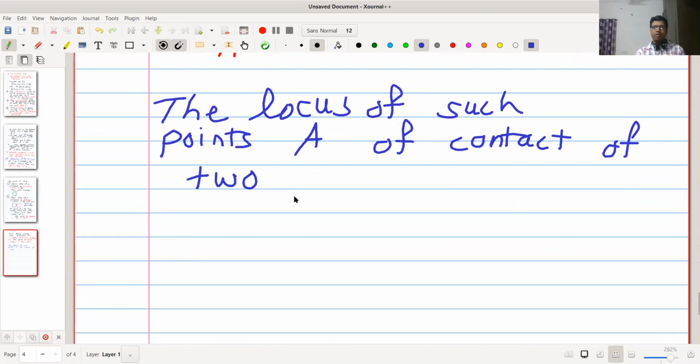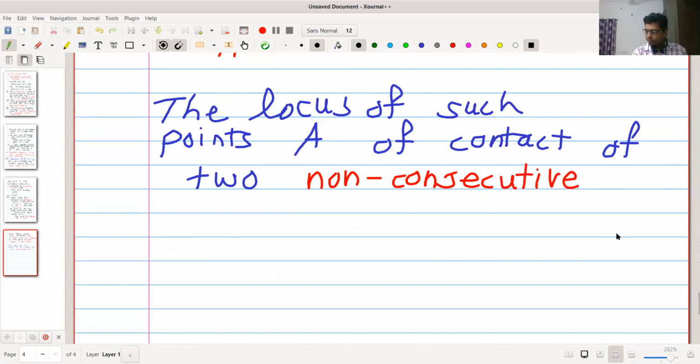The locus of points of contact of two non-consecutive curves is called the tac locus of the system of curves 2.